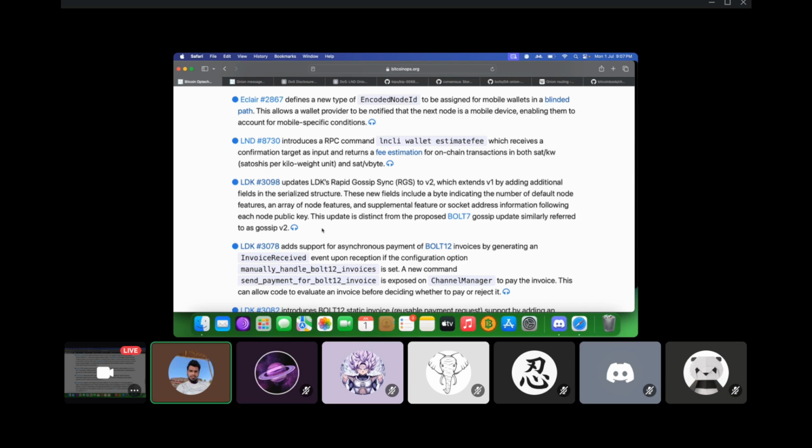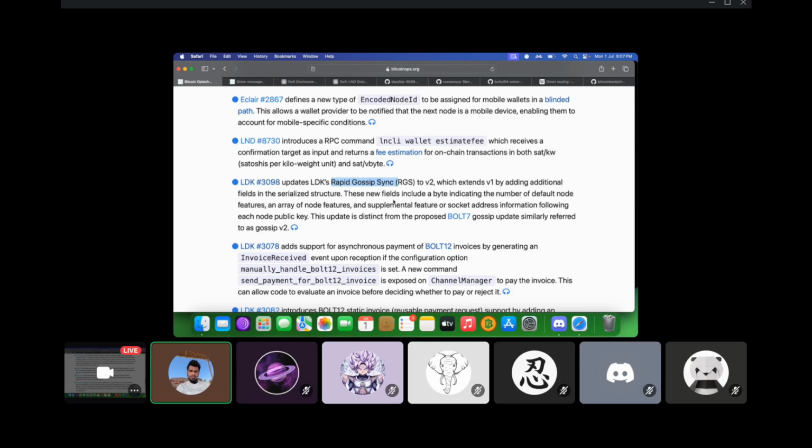So there is this thing known as Rapid Gossip protocol. This is a special provision you can say which enables mobile wallets. When mobile wallets go offline and come back online, they do not have a lot of bandwidth and infrastructure to query all the nodes, because when you come back online you need to query multiple nodes to get the current snapshot or the latest state of the network.